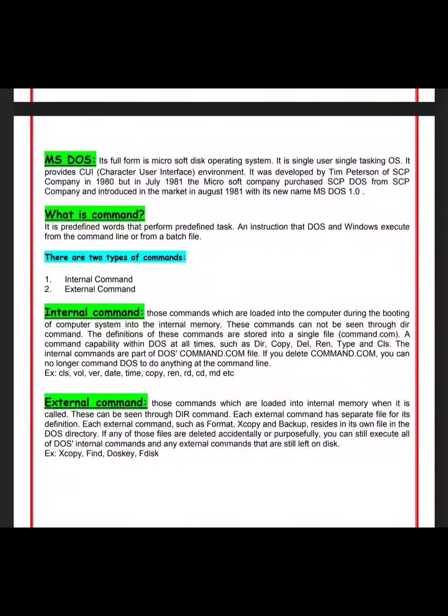Each external command, such as format, xcopy, and backup, resides in its own file in the DOS directory. If any of those files are deleted accidentally or purposefully, you can still execute all of the DOS internal commands and any external commands that are still left on disk.